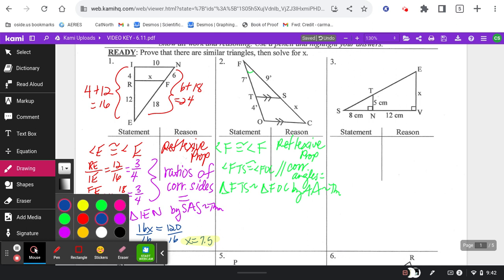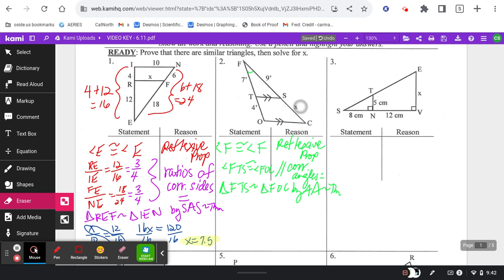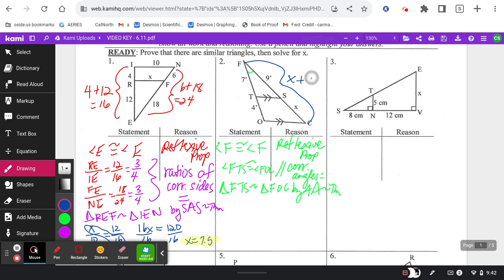Here we go to solve. Over here I've got the x. That x is part of the big side, x plus 9. So when I'm trying to solve for x, I need to put it in terms of the big because I want to go big is to small. So I'm going to say big is to small, x plus 9 is to 9, and then on the other side, big is to small.